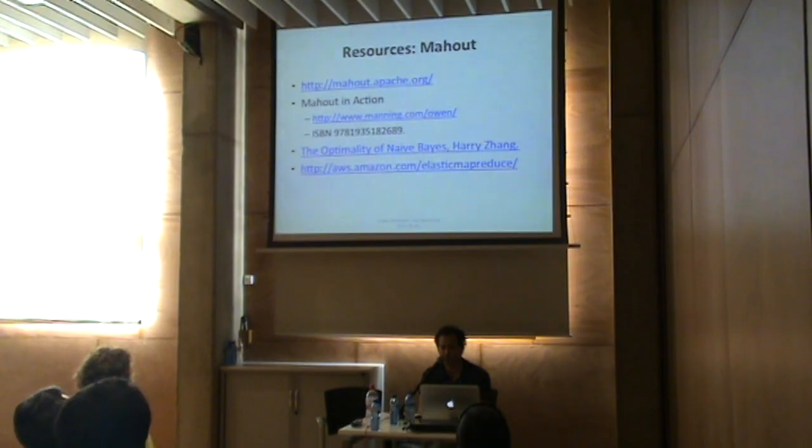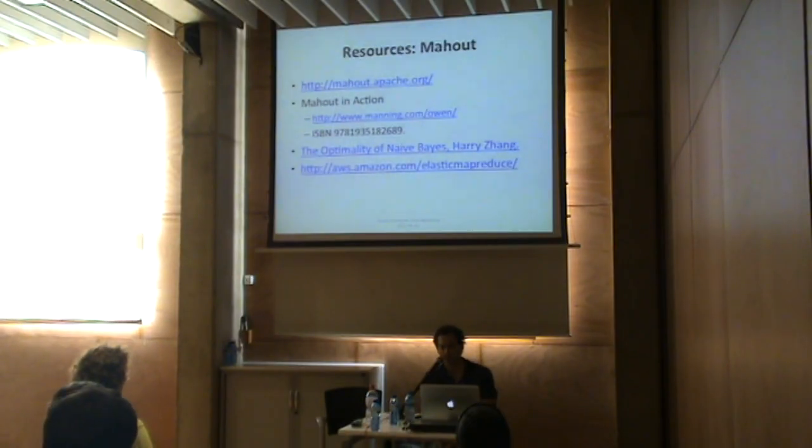There's a great book from Manning Publishers called Mahout in Action. Highly recommended if you want to get up and running quickly with Mahout and figure out what's going on behind the scenes, especially if you don't have much experience with machine learning and AI.